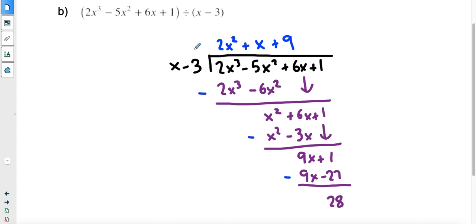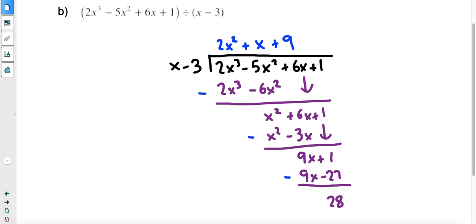Or another way to think about it: we would need to divide x minus 3 by something to get 28. So that tells me 28 has to be my remainder.